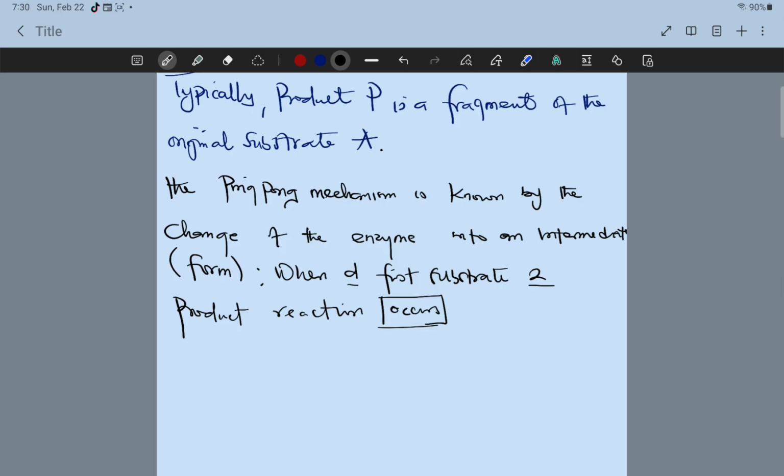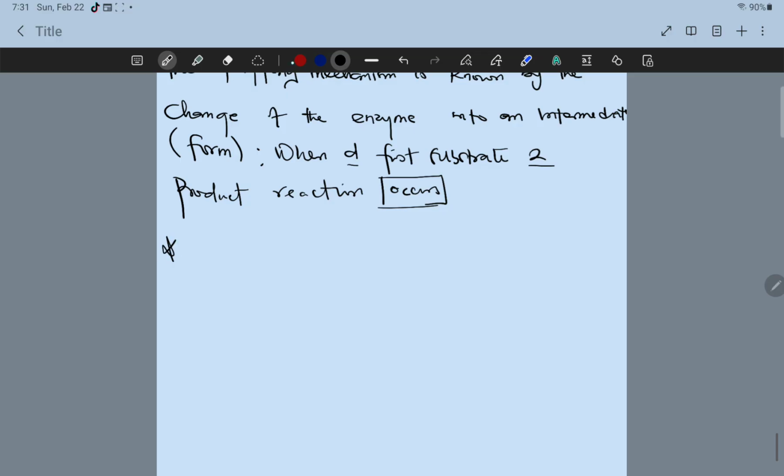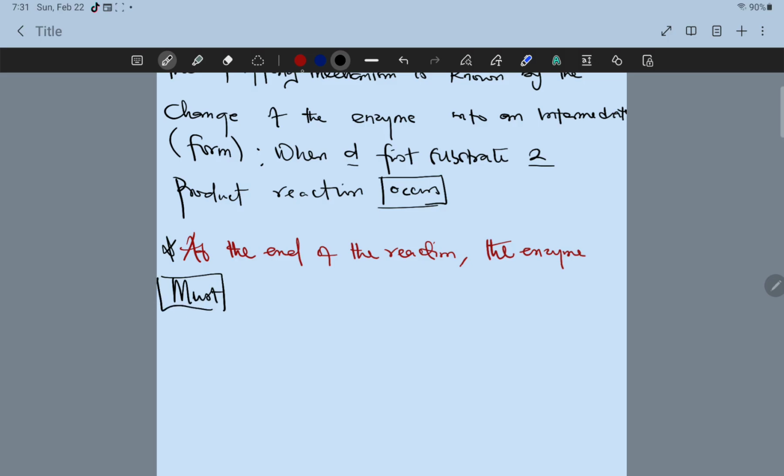So at the end of the reaction, the enzyme must be found in its original form. Note: at the end of the reaction, in a ping-pong setting, the enzyme must, emphasis on must, be found in its original form.